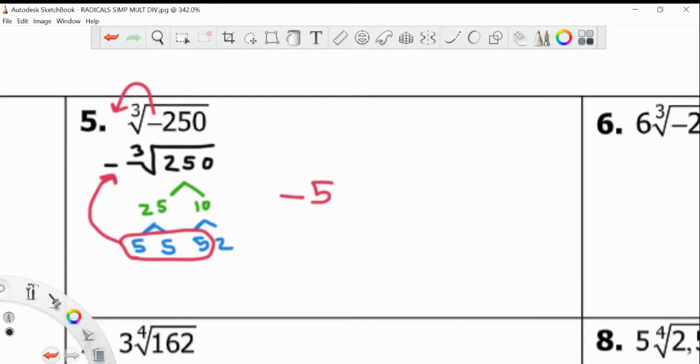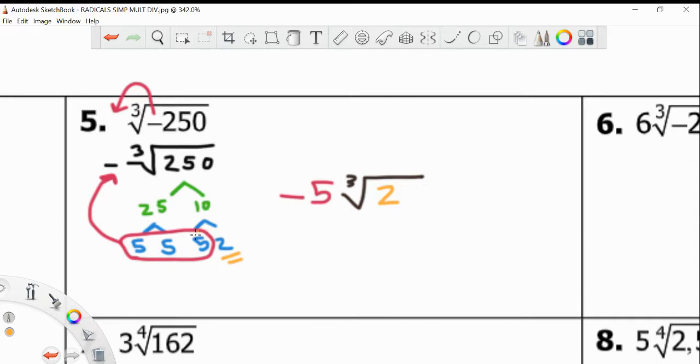Then we've got the cube root, and then everything that is left over stays inside the radical. So it would just be a 2. Now, here's where people mess up, right? They think, oh, there's a 2 and there's a 10 left over. But no, this 10 is gone.